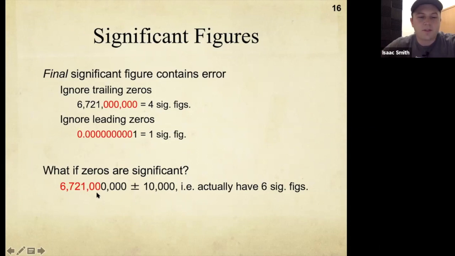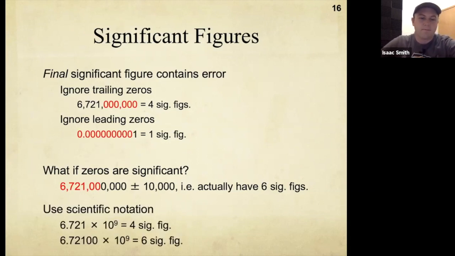So we need to be able to put this into a number that can correctly report the error that we have. And so in these cases, scientific notation comes into play. If you have this number and you know it's significant up to this point, then you actually have 6 significant figures, okay? So 1, 2, 3, 4, 5, 6.